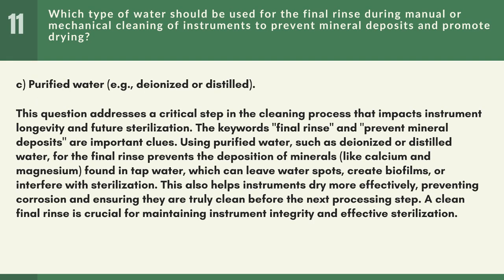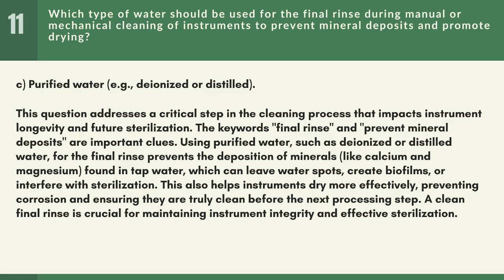Answer: C. Purified water, e.g., deionized or distilled. This question addresses a critical step in the cleaning process that impacts instrument longevity and future sterilization. The keywords final rinse and prevent mineral deposits are important clues.